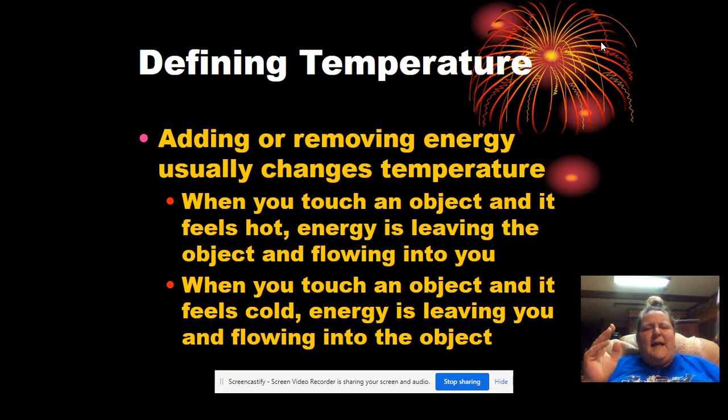Likewise, if I have an object and it feels cold, that means my hand is warmer than the cup, so heat energy is going to flow from my hand into the cup. Heat energy always flows from the warmer side to the cooler side.